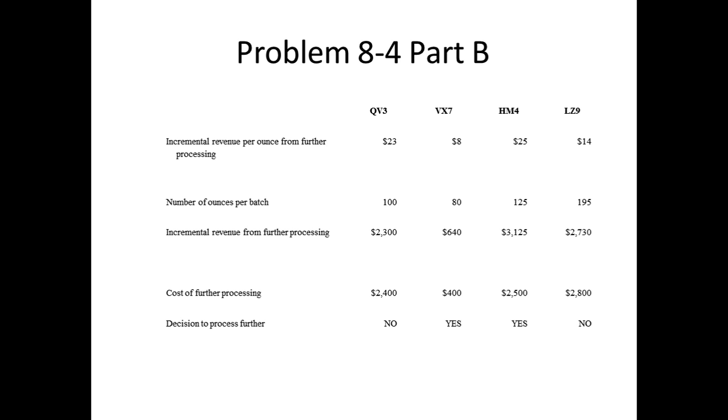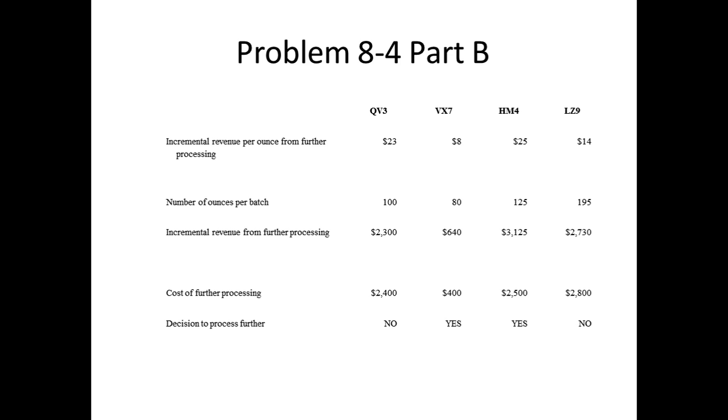In the case of the Shavonic root, the 4 joint products each have different revenues from processing further, the highest being the revenue associated with HM4, the lowest being the revenue associated with VX7. The number of ounces you can get from a batch of each is listed.